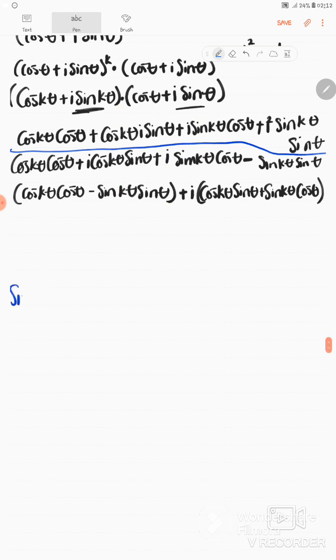When we have sine of a plus or minus b, our result is going to give us sine a cos b plus or minus cos a sine b.